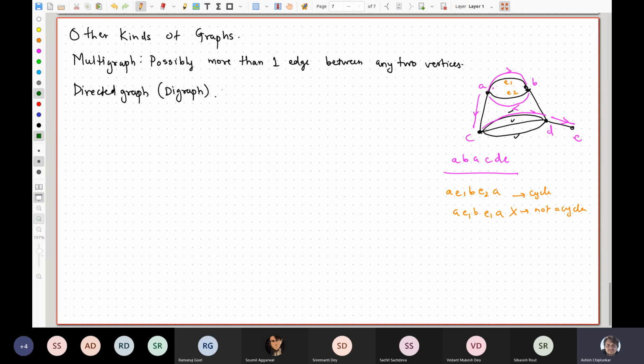It's a pair V and A, where V is again a usual finite set called the vertex set, and now A, earlier every edge was an unordered set of two vertices, but now here you are going to have an order. So A is going to be a subset of V cross V.